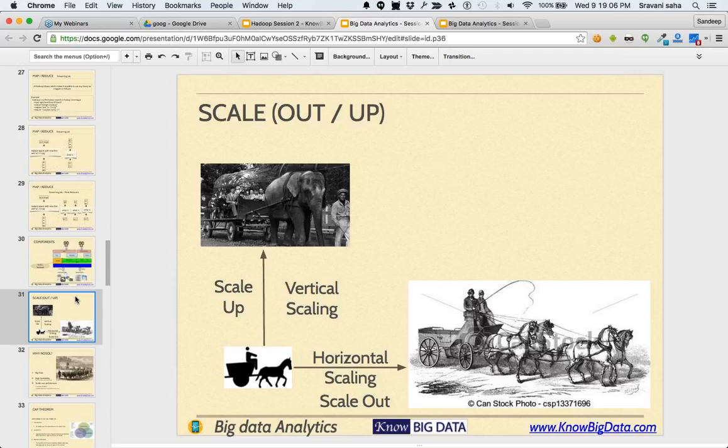So these are the two different approaches, while vertical scaling cannot go beyond a certain point. Let me take the computing example. Let's say you are facing a lot of traffic or load on your database server.